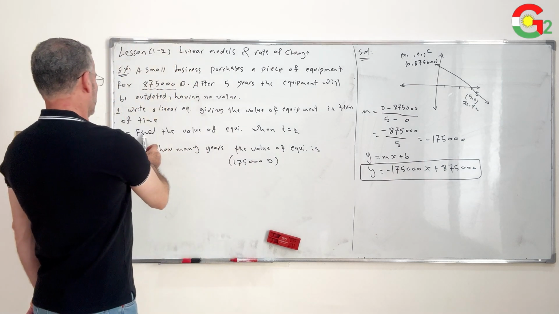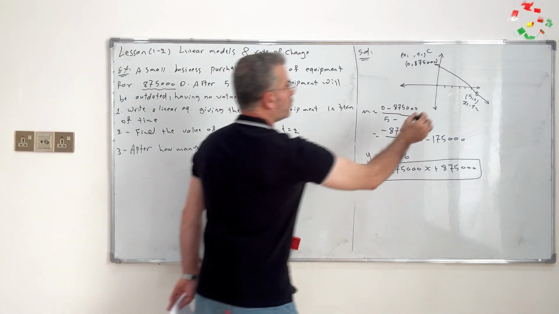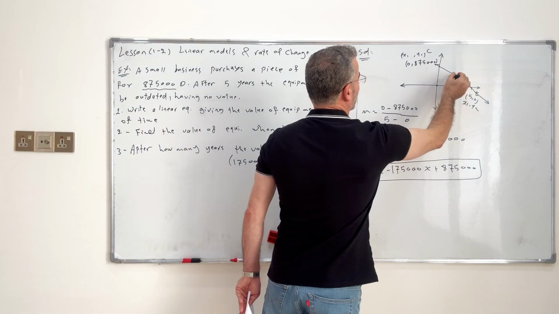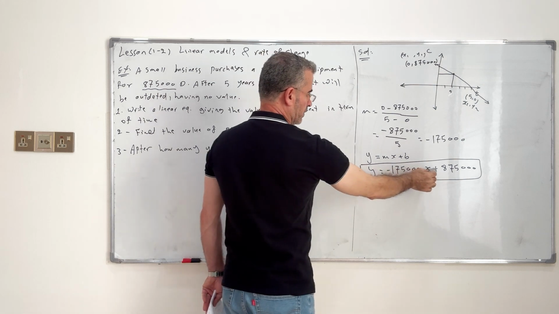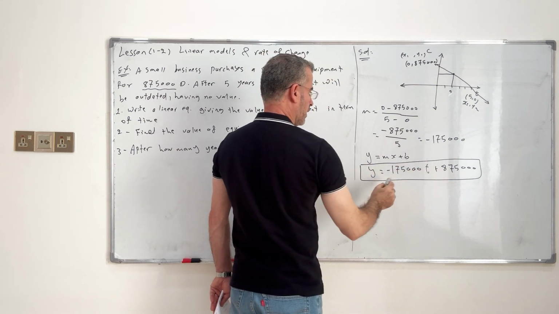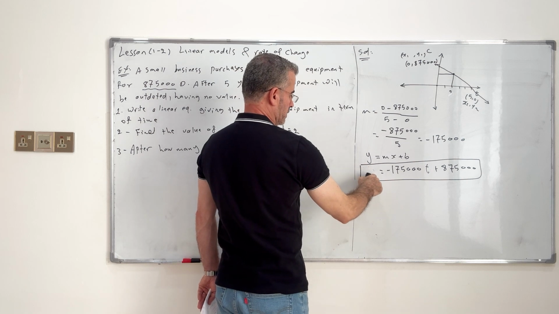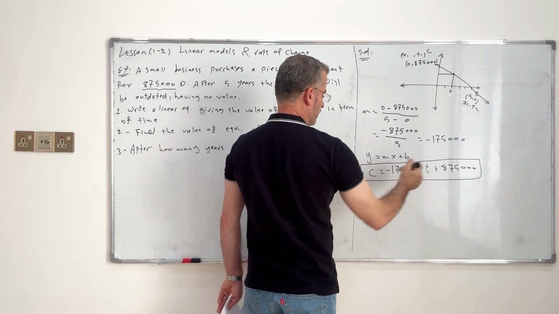Now, find the value of the equipment when t is 2. I want to find the coordinate of this point. I set t equal 2 here, and here is the cost. We have no x and y, we have c and t.